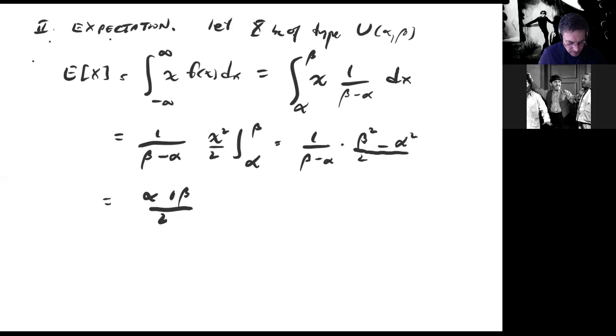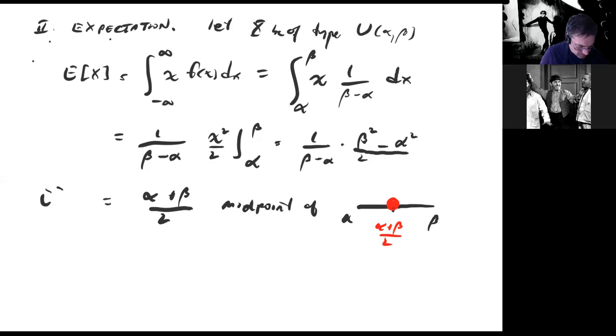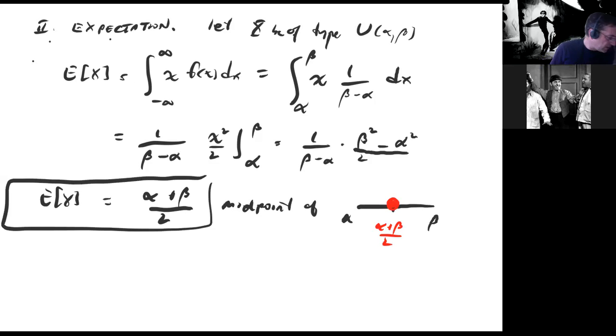This is the midpoint of the interval from alpha to beta. This is the midpoint right here. Alpha plus beta over 2. So that's what the expected value is in this case. Okay, so we got the expected value.